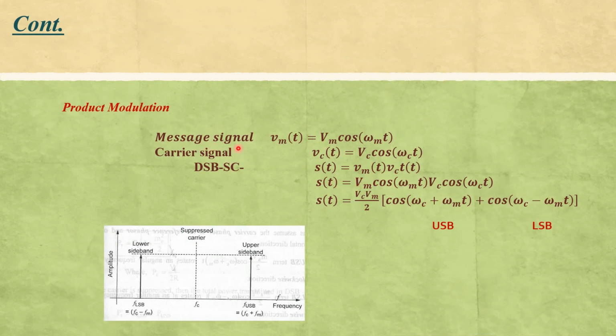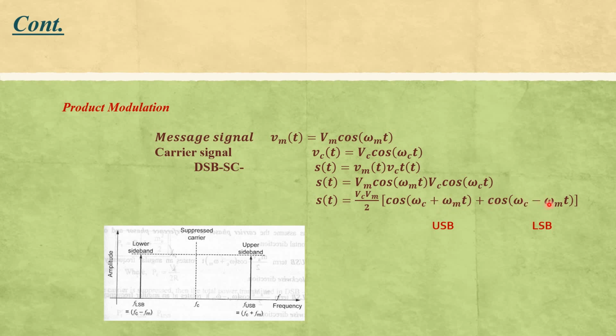So mathematically we can prove here: v_m(t) is equal to V_m cos omega_m t, and v_c(t) is V_c cos omega_c t. The first one is message signal, the second one is the carrier signal. Multiply both the signals together. So the final output is s(t) equal to V_c V_m divided by 2 times [cos(omega_c plus omega_m)t plus cos(omega_c minus omega_m)t].